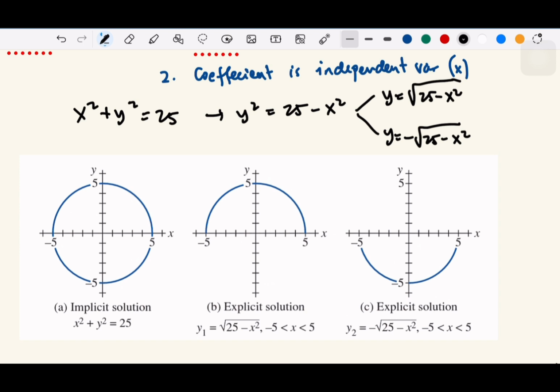The final form of the solution, usually we say y equals something, will be our final solution. But sometimes we could offer the implicit solution as well. Okay, I think that's the definitions. I think the best way to describe it is using the graph and how to write down the equation itself. Any other questions?